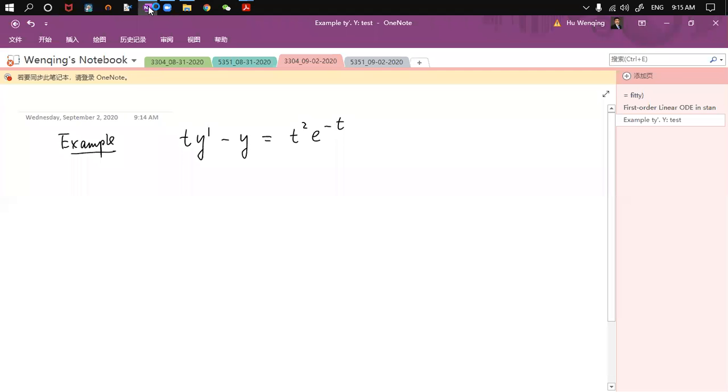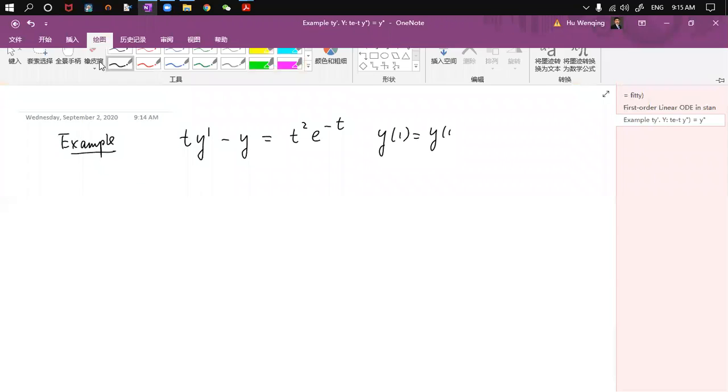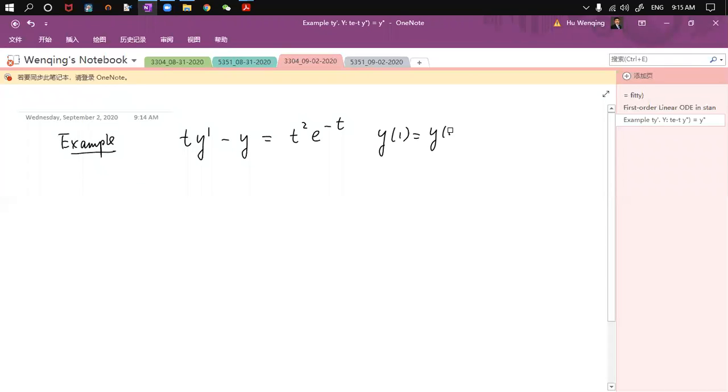So y0 is a certain given initial condition. So the problem is going to somehow look like this.